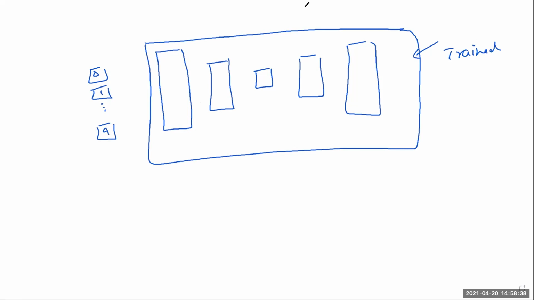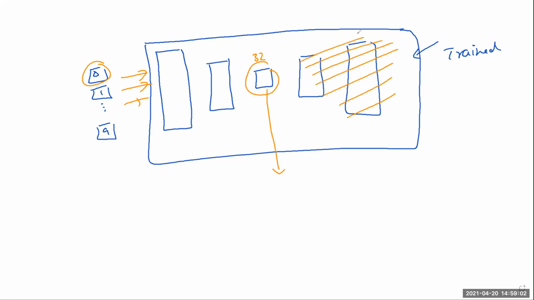Now what can we do? I can pass all of my data through this trained model, and for each image, maybe I can extract this encoded representation. So I just do a forward pass. Once it is trained, you can throw away this part. You don't need it anymore, since we are not doing decompression.